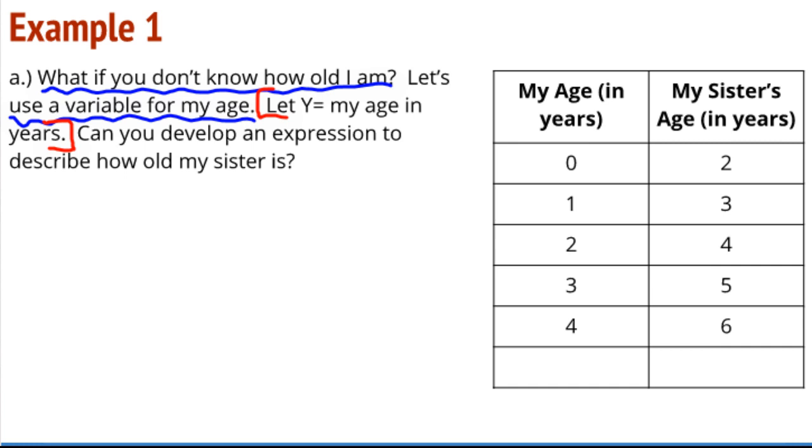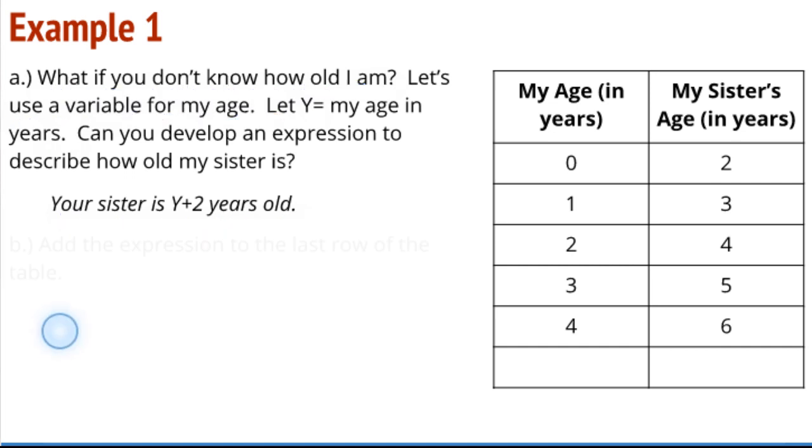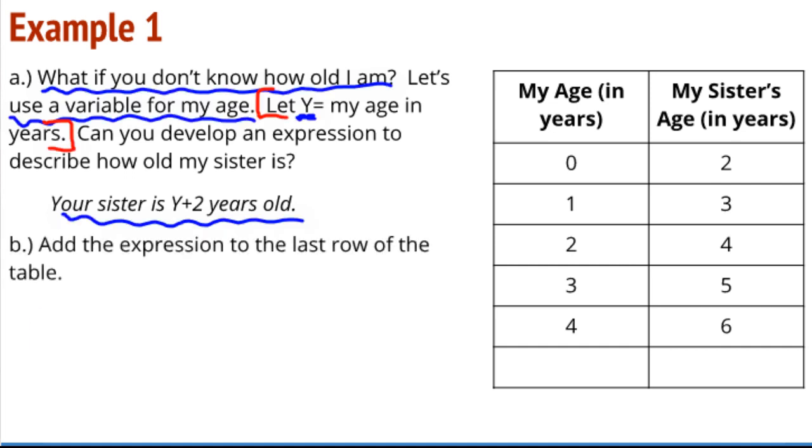Well, we know that the sister is always 2 years older. And if y is going to be the age of the narrator, we would increase that by 2. So an algebraic expression would be the sister is y plus 2 years old. And if we were to add this to the table, we would have the age in years as y, and the sister is y plus 2.